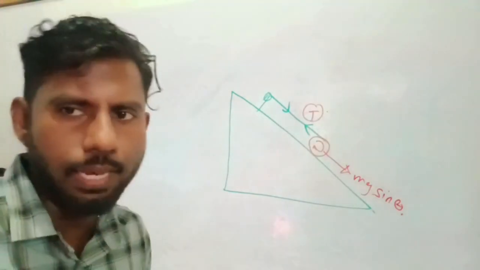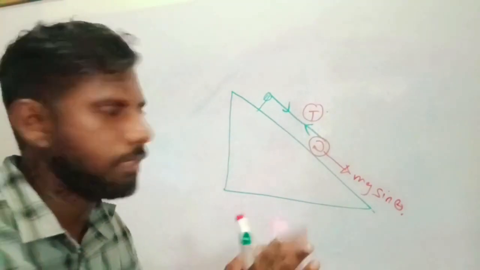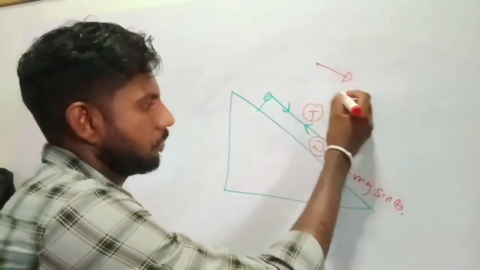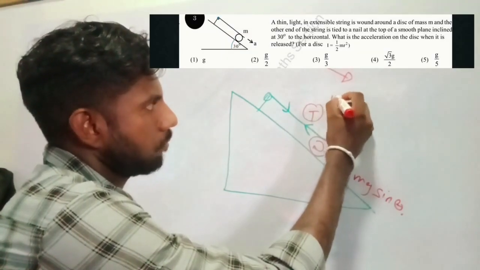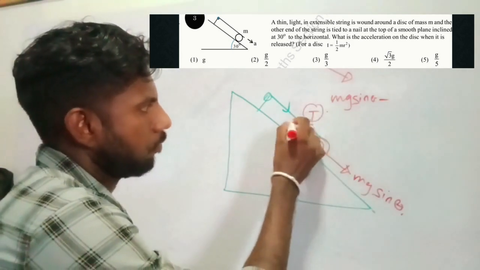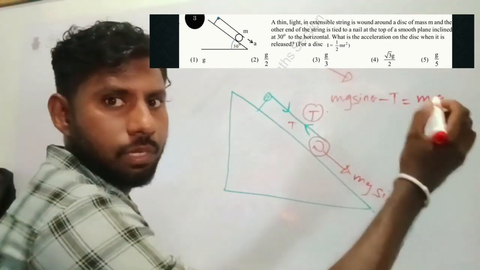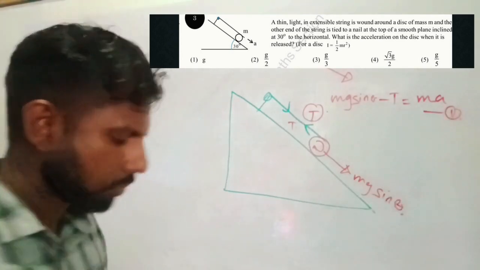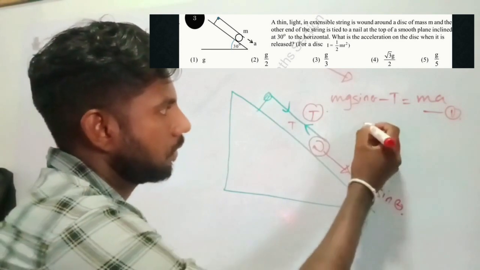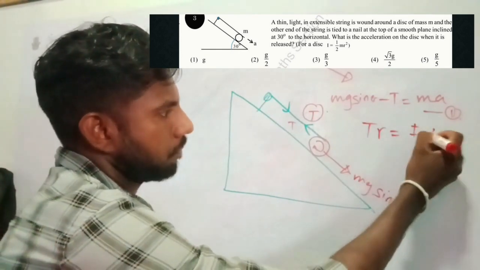So acceleration is g sine theta, gravitational acceleration down. So let's apply F equals ma linearly, in this direction. So it's mg sine theta minus T upwards equals ma. I hope you can see that first equation. Then because of this tension, there's a rotation. T into r rotation equals I alpha.